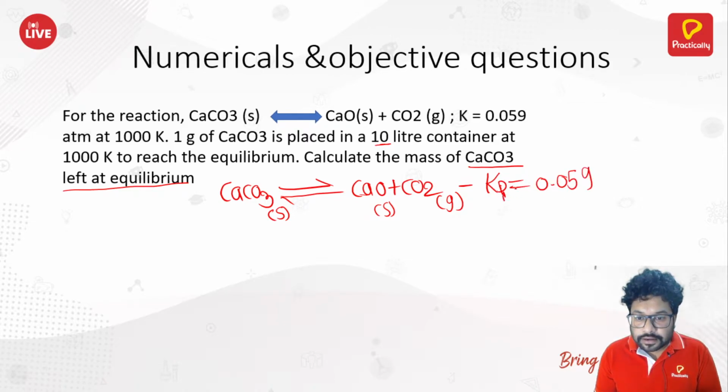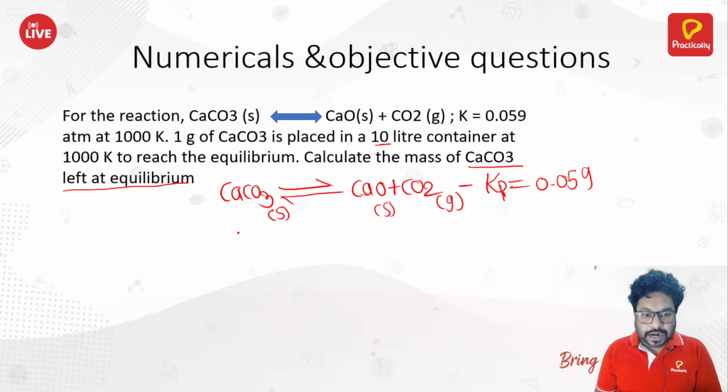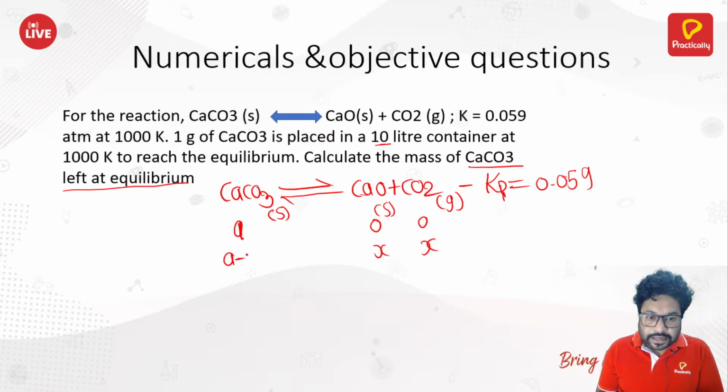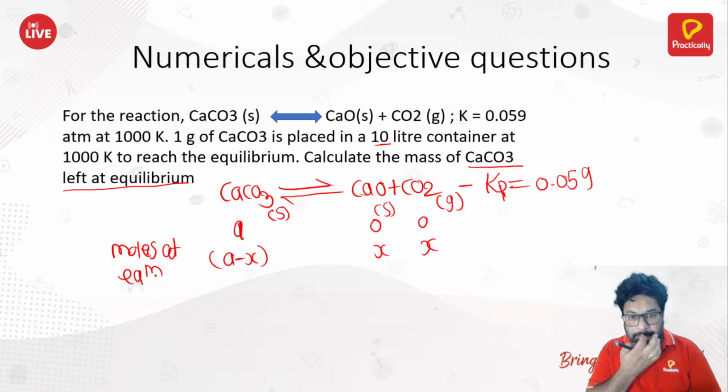0.059. Now what they have told us again, we started with 1 mole of this, 0 mole of this initially, right? You can take 1 or you can take A also. Let's take it A, 0, 0. So this is X, A minus X, isn't it? That is NT, I would rather say moles at equilibrium.